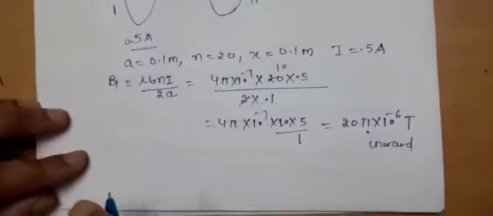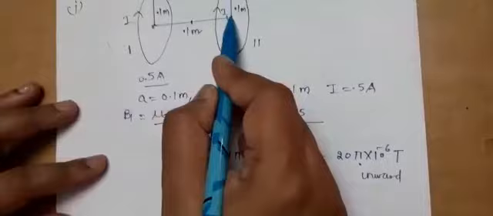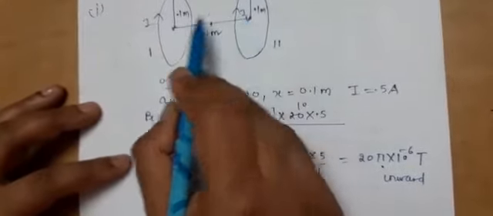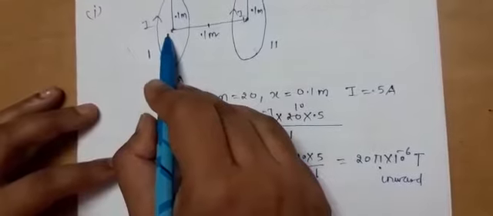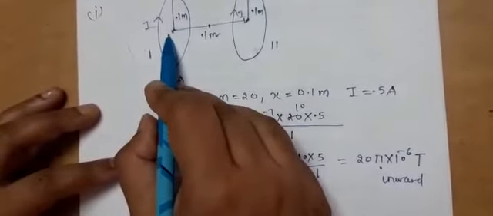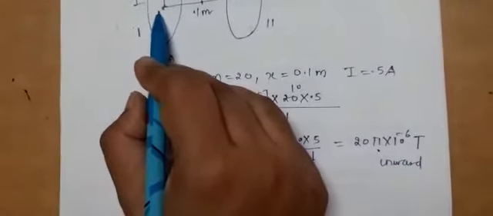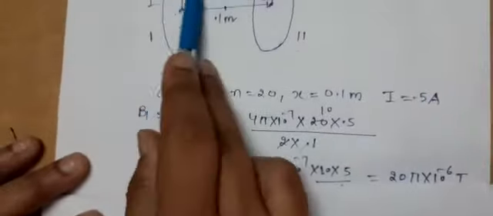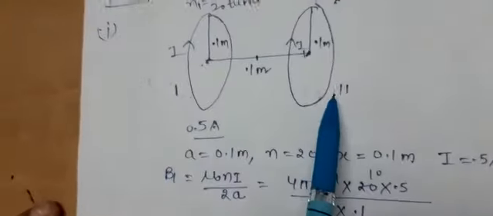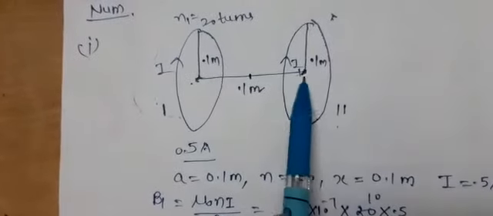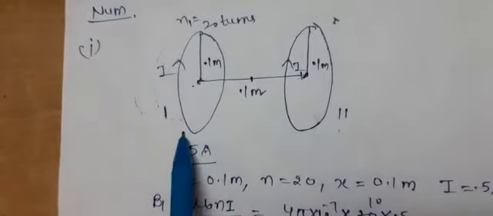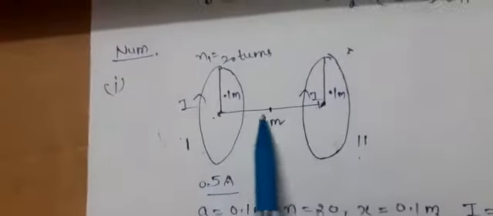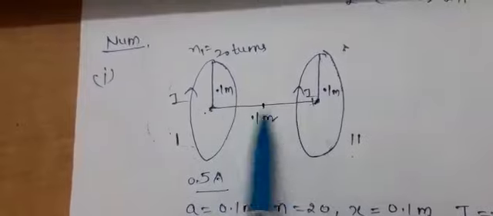Now see, the magnetic field at the center of one coil due to the current flowing through the other. When we have to calculate the magnetic field at the center of this coil due to current flowing through the other, it means we have to calculate the magnetic field at an axial point, on the axis.